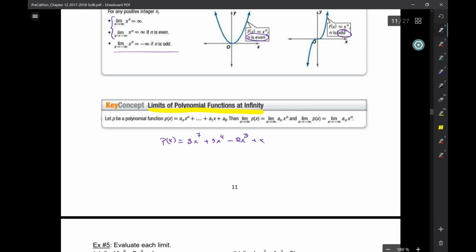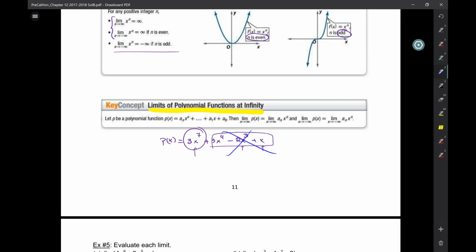Suppose x is 1,000,000. Then here you have 1,000,000 cubed, and here you have 1,000,000 to the power of 7. When you have 1,000,000 to the power of 7, anything else will pale in comparison, so you could essentially ignore it completely.